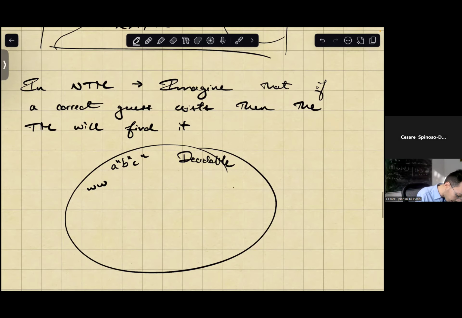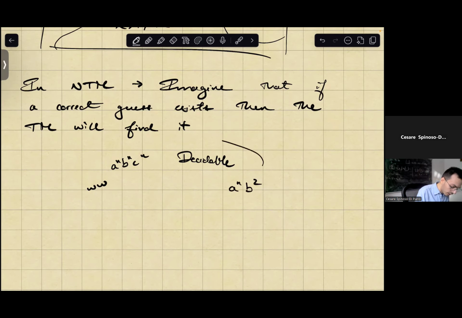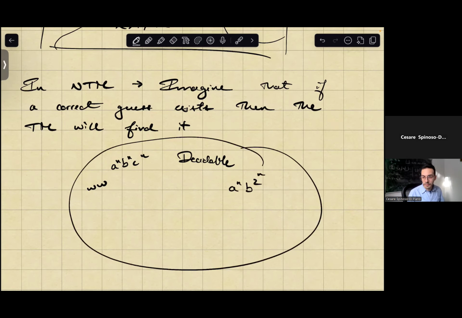So, for instance, something like a^n b^(2n), this is something that you can also design a deterministic Turing machine for, or non-deterministic. It doesn't really matter for the purposes of being decidable.